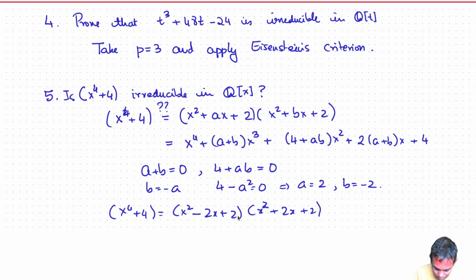So it's x squared plus 2 minus 2x into x squared plus 2 plus 2x. So this can also be solved in that way by guesswork. So x to the power 4 plus 4 is not irreducible in Q[x]. Eisenstein's criterion does not apply, but that's not enough. You actually need to show that it is reducible.